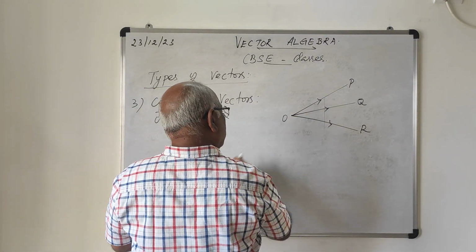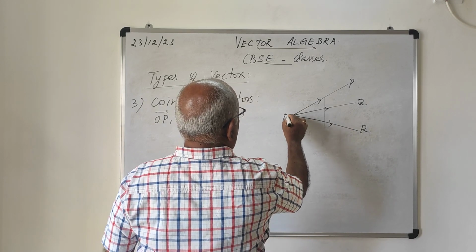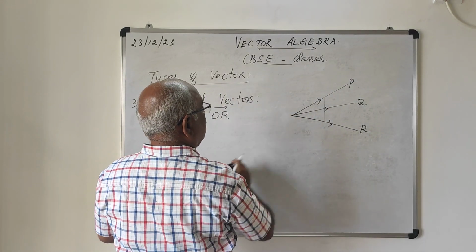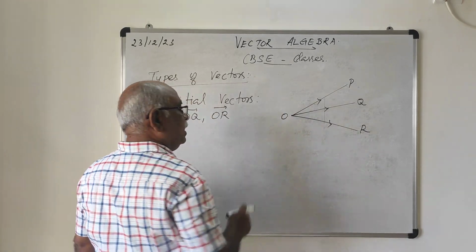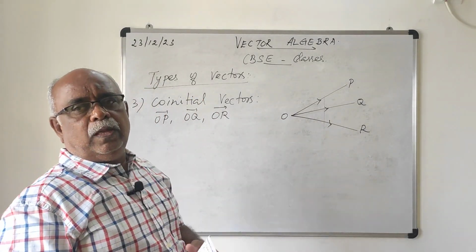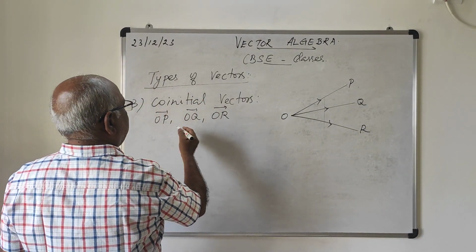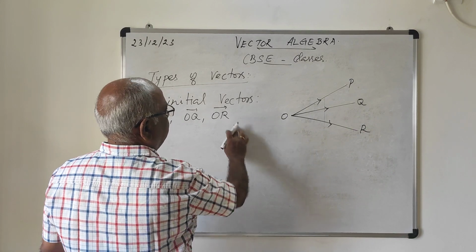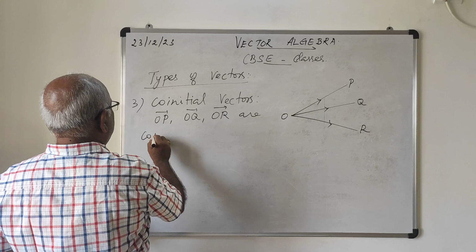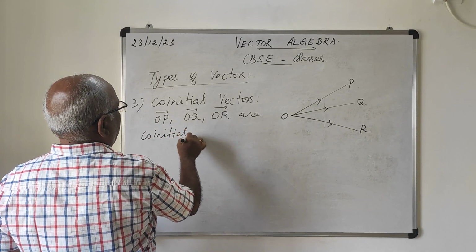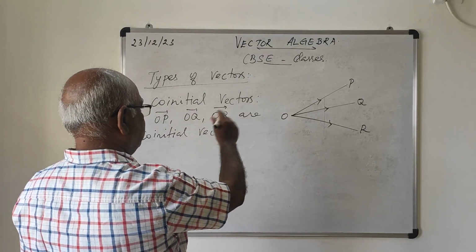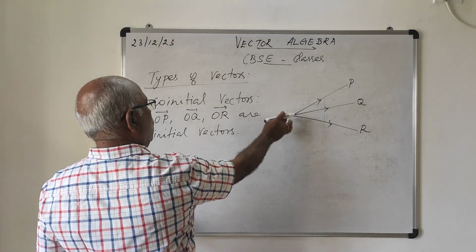Instead of O you can write A also, so that you don't confuse them with position vectors. Co-initial vectors are vectors whose initial point is the same. OP, OQ, OR are co-initial vectors whose initial point is the same, O.